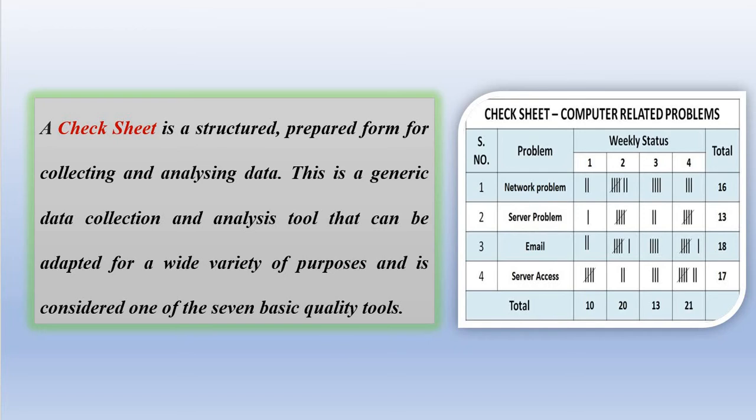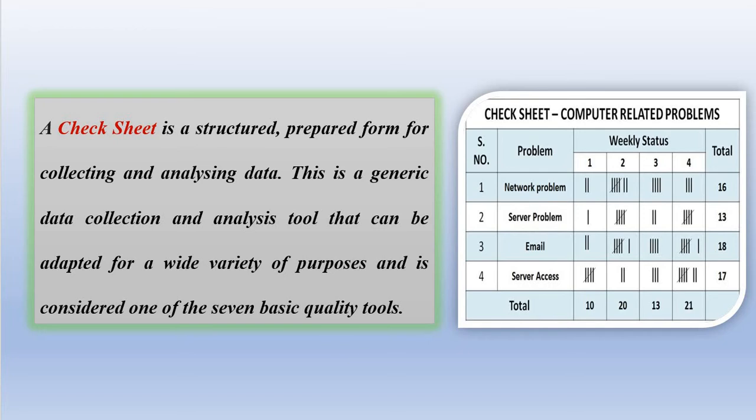When designing a check sheet, it is important to clearly specify the type of data to be collected, the part or operation number, the date, the analyst, and any other information useful in diagnosing the cause of poor performance. This problem is taken from computer-related problems.